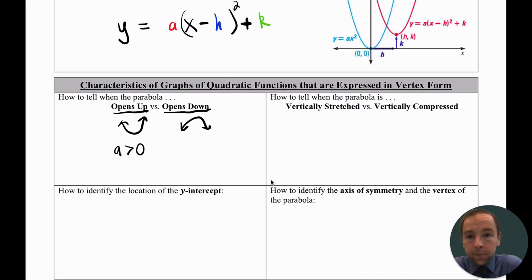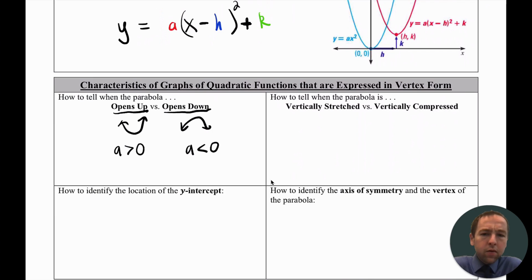So if a was 1/5, or if a was 42.3, your parabola is always going to open up. Whenever your a value is negative, then your parabola is just going to flip upside down.